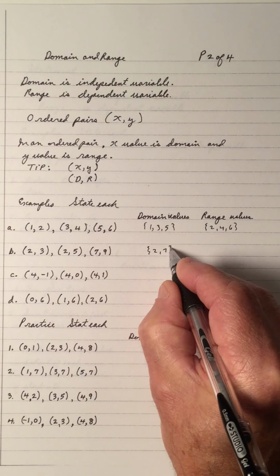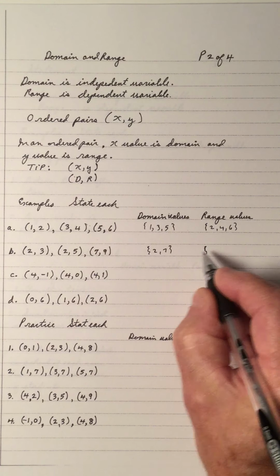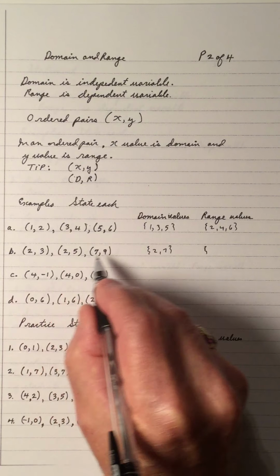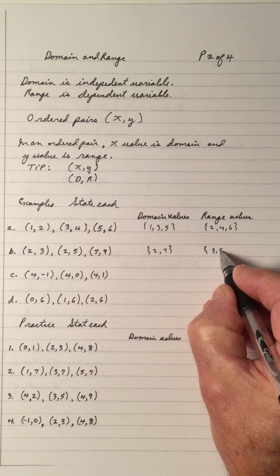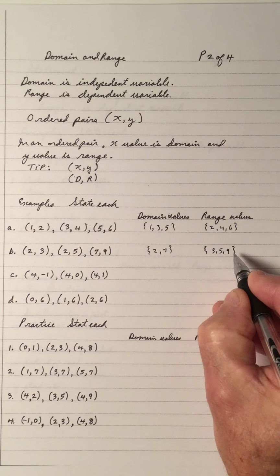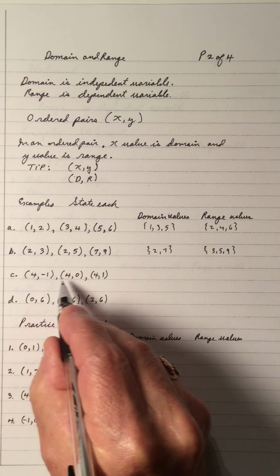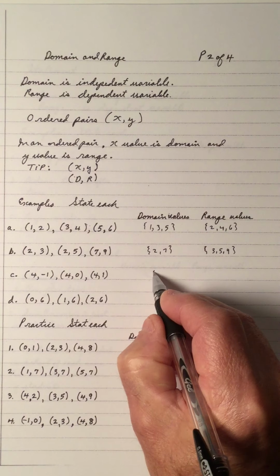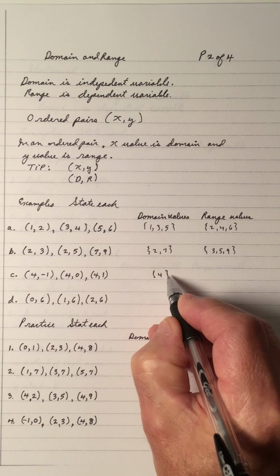We only write down 1, 2, not the two 2s. 3, 5, and 9. 4, 4, 4. Only one 4 will do it. And the range is the Y values, -1, 0, 1.